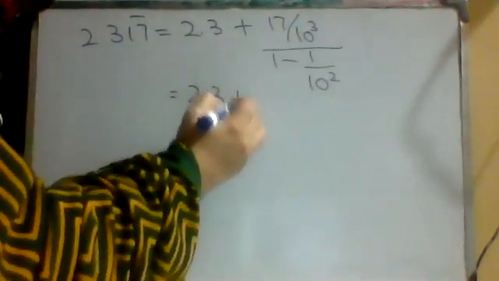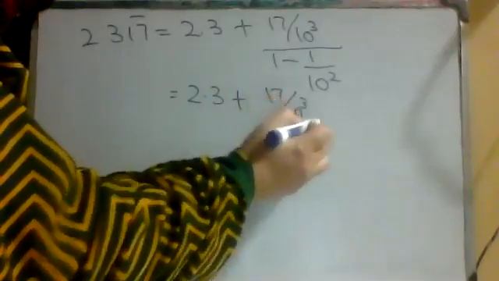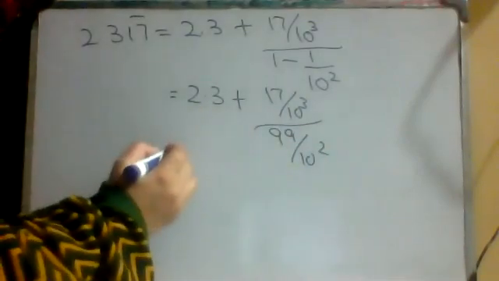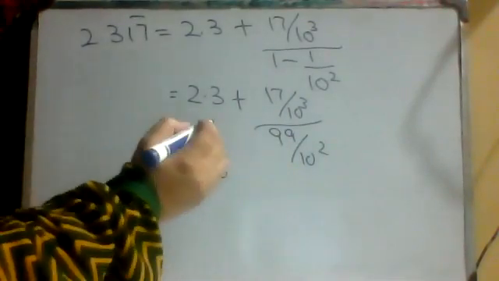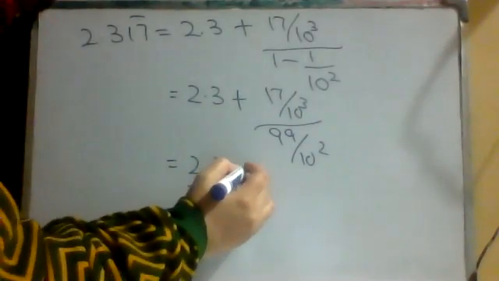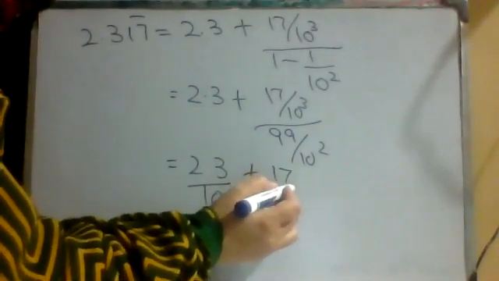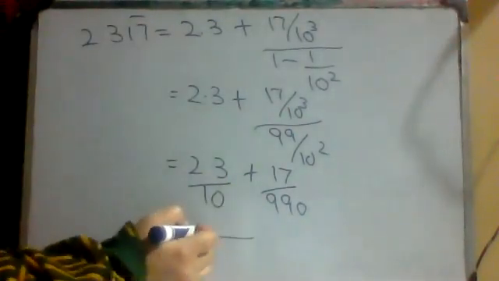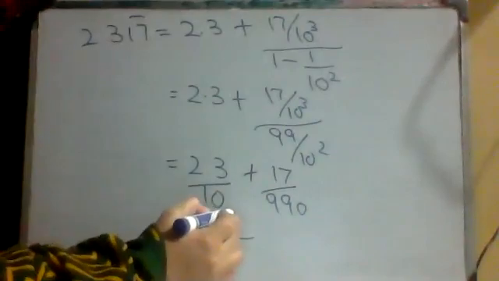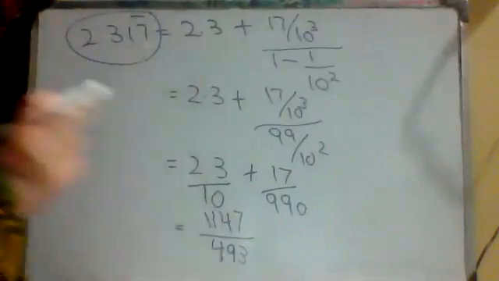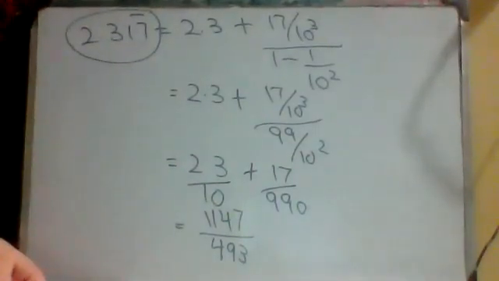This is 2.3 plus 17 over 10 cubed divided by 99 over 10 squared, that is 2.3 or 23 over 10 plus 17 over 990. If I add the two fractions, I am left with 1147 divided by 495. So now this can be written as a ratio of two integers.